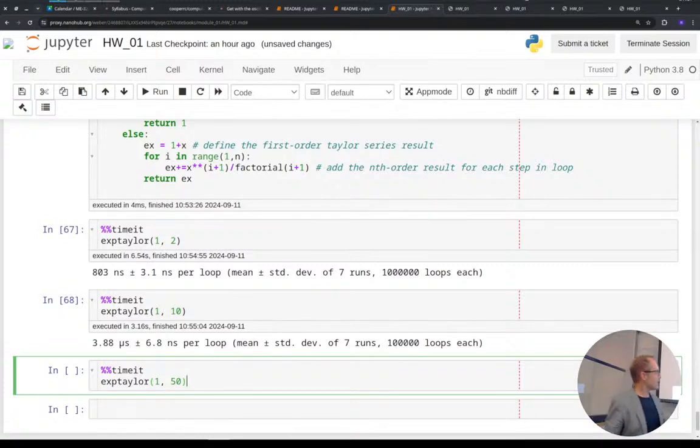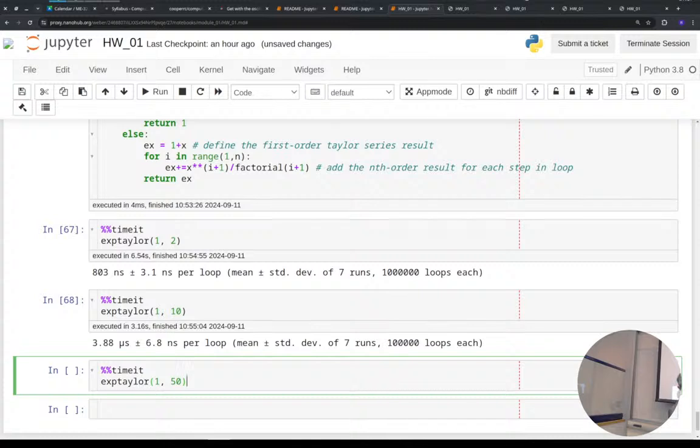So when I went from a 2nd order polynomial to a 10th order polynomial, I did 5 times as many calculations. Like I had to go through the loop 5 times as many times. And I went from around 1 microsecond, like 0.8 microseconds, to around 4 microseconds, 3.9, about 4.